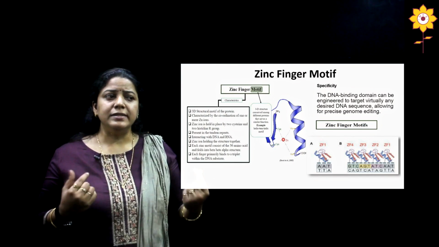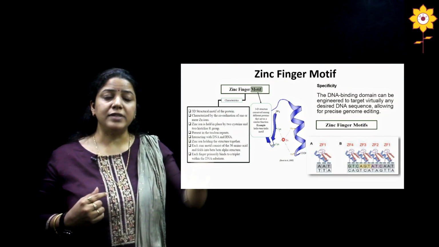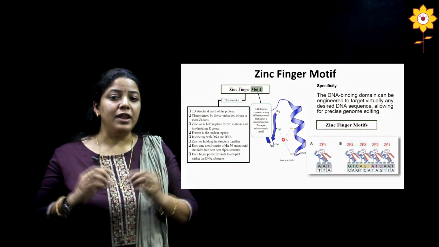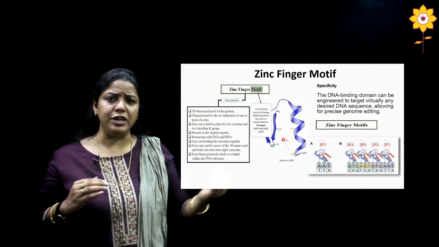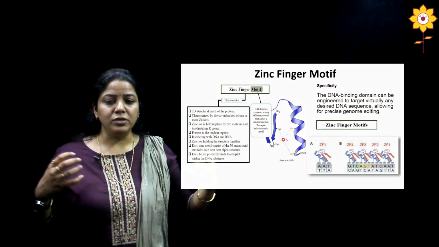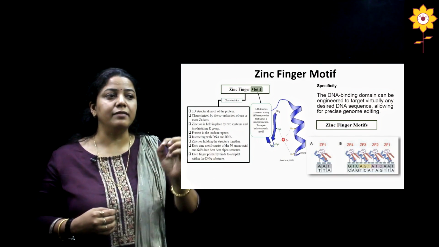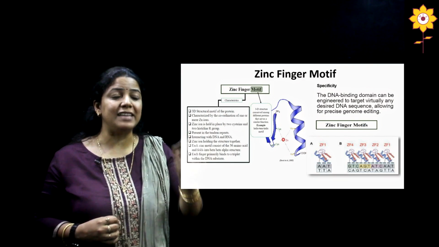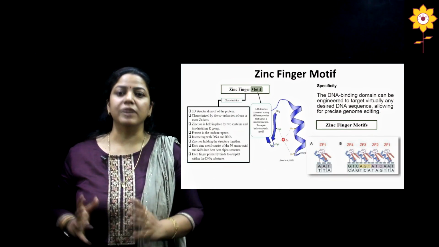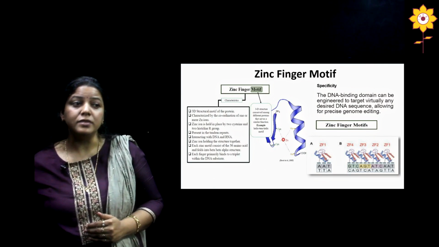Whatever my sequence is, depending upon that, I will have to choose specific types of zinc fingers and make a combination of them. Every combination will be specific for a particular sequence. So these combinations make the entire DNA binding domain very, very precise and specific for finding a particular DNA molecule.